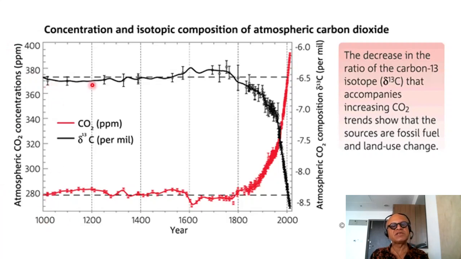It was basically remaining steady, both in terms of delta C13 per mil, so parts per thousand, and CO2 in ppm. Since the Industrial Revolution, CO2 started shooting up, and corresponding to that, delta C13 started shooting downward. So this shows again that the emissions from fossil fuel are clearly recorded in the delta C13 depletion of the CO2 increased in the atmosphere.